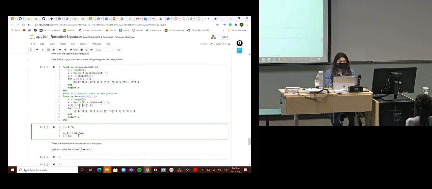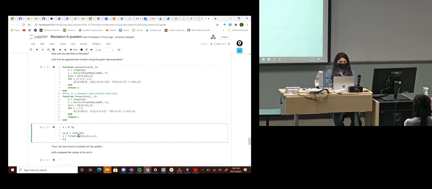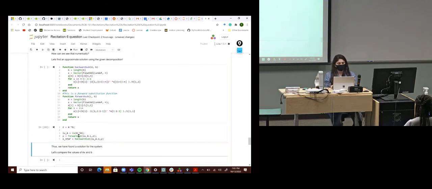I find a Y, which is the forward substitution of my L matrix and my B, which is now Z, and an X star, which is the backward substitution of my U matrix and whatever I get from Y. That is our normal way of solving with LU decomposition: we get UX equals Y, and we find L times Y equals B. So that's what we did there.